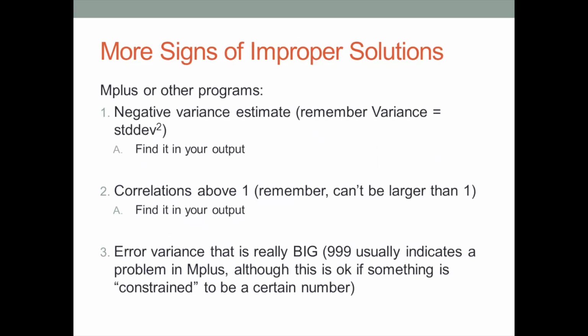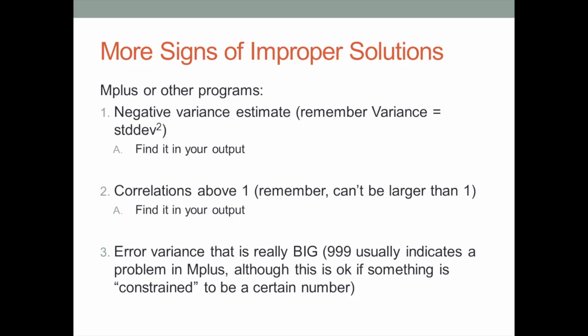M+ may tell you that you have a negative variance estimate. If it does, I suggest you go to the output and look at the variance parameters and see if one of them is actually negative. Find it in your output. Look at correlations. Make sure none of them are bigger than 1. And a lot of times in M+, you'll see the 999 numbers there associated with coefficients.